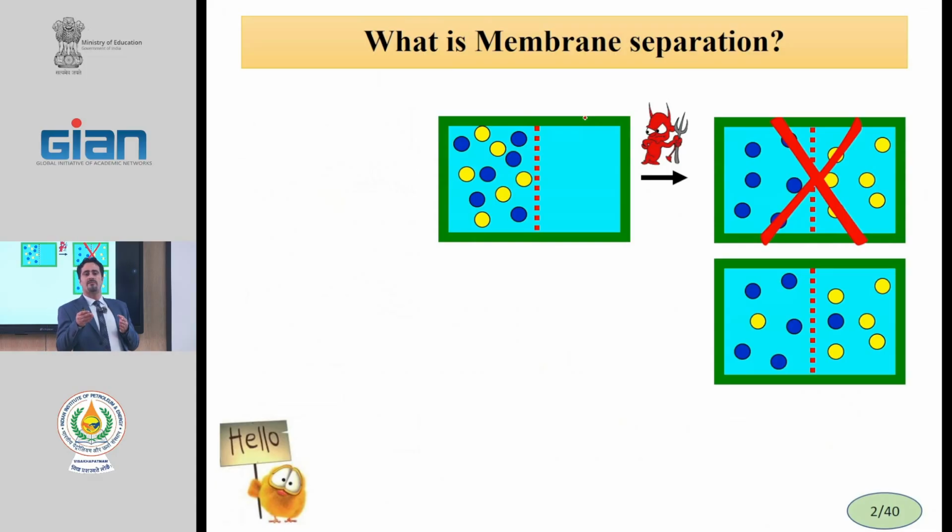We may have 15 nanometers or 30 nanometers. Therefore, we do not have an equal and similar pore size, and because of this non-uniform pore size, we do not have complete separation.